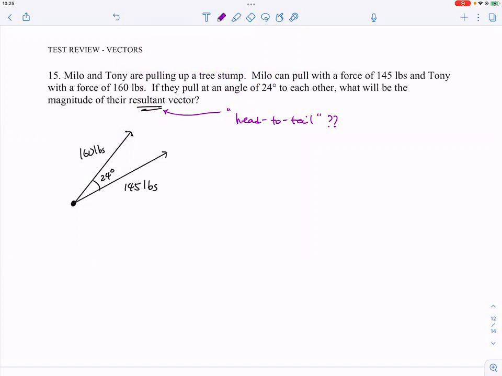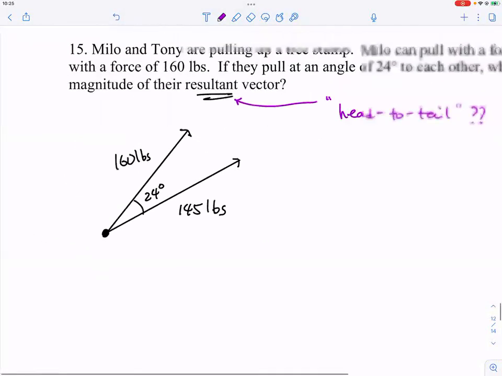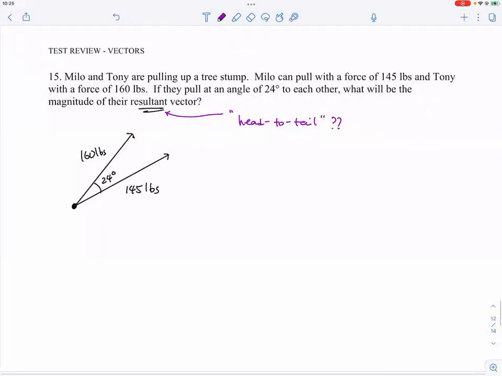In this case, based on the diagram that I drew, is it head to tail? It says not. And if it's not, then let's go ahead and fix it.